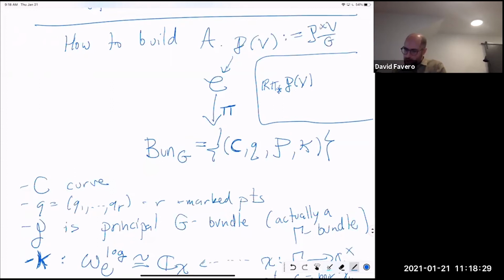Now over Bun_G, you can take the total space of A. Over that, you call this map down P. You have the total space of B living over that, and that bundle has a section given by this differential d in this two-term complex.